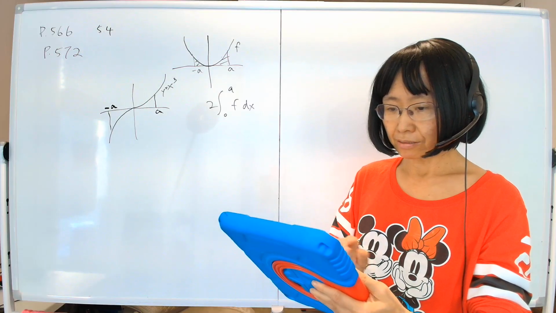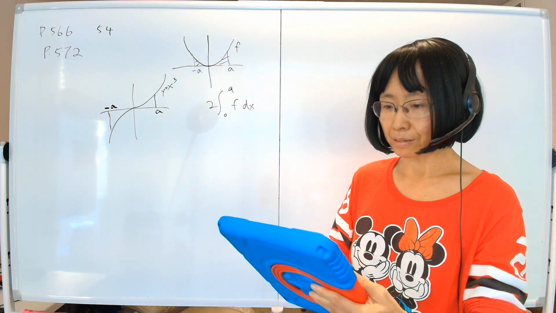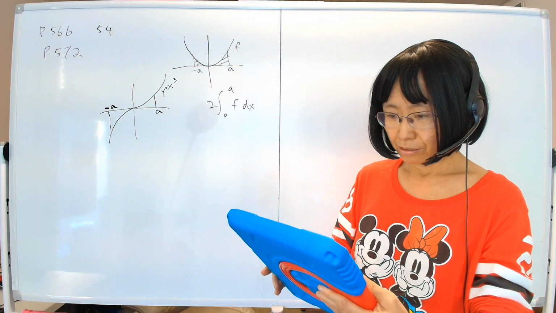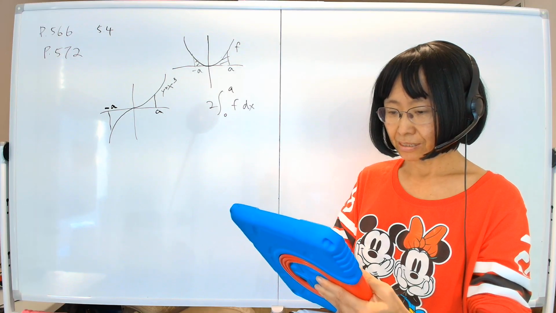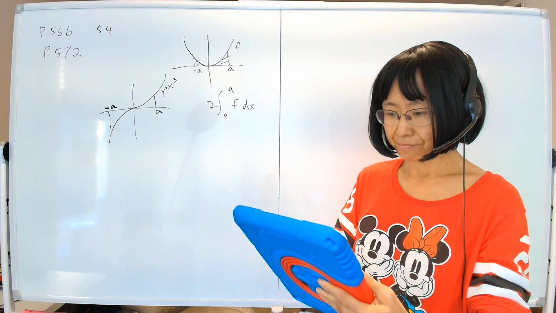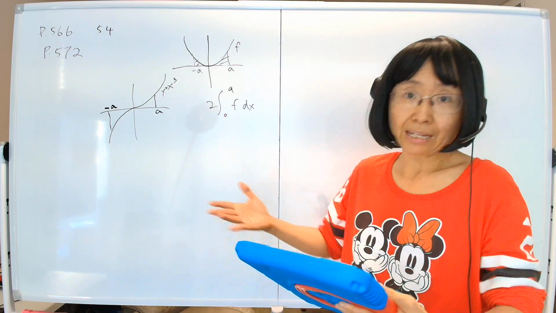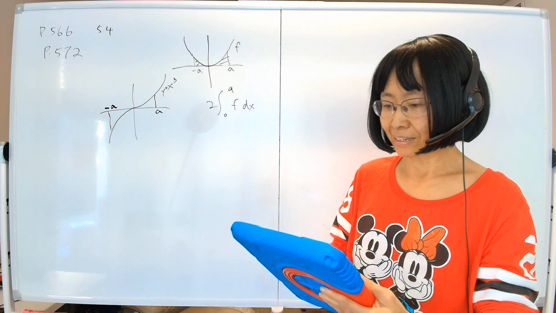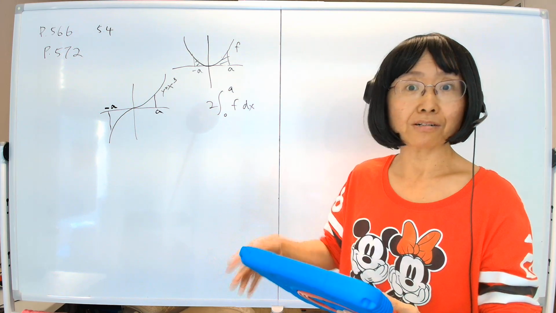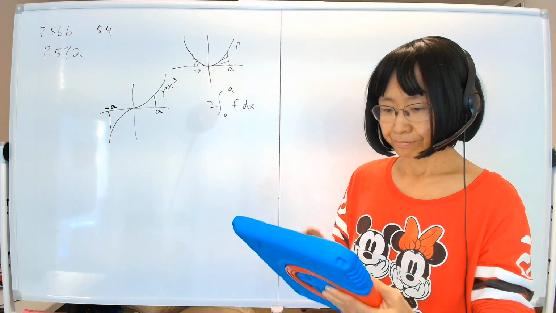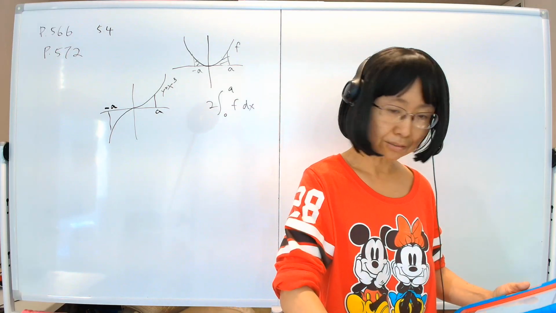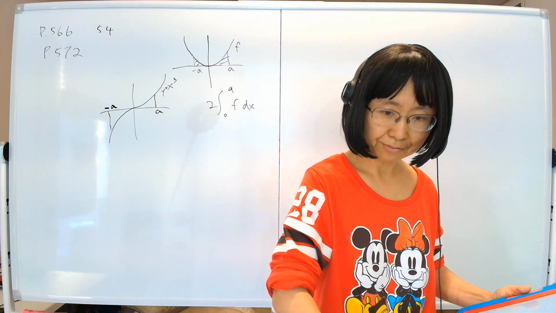Then please do example 5.28 as well as 5.29, which says that you're integrating an odd function. Is that thing odd? Yeah, it is. You integrate an odd function and end up with 0. If you realize that the function is odd, then you can just say it's 0 without doing any integrating. So please do examples 5.28 and 5.29 as your homework.